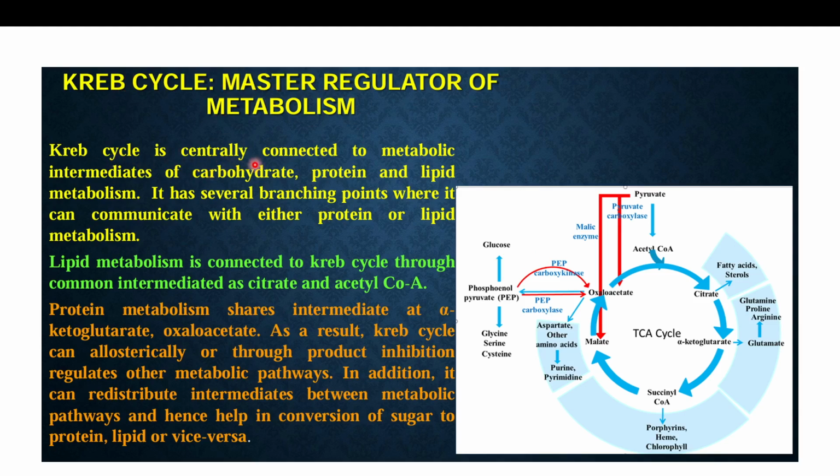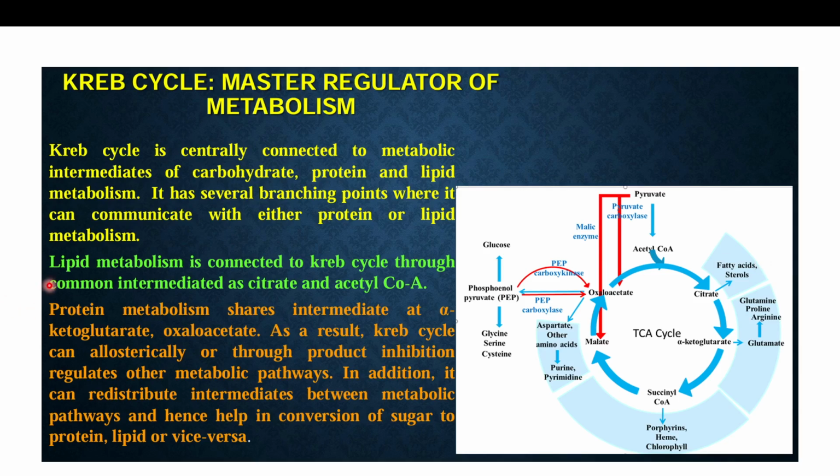Why? It is centrally connected to the metabolic intermediates of carbohydrate, protein, and lipid metabolism. Okay. If you see in the TCA cycle, you have several branching points at each step, where each intermediate is actually a participant of some other metabolic pathway.